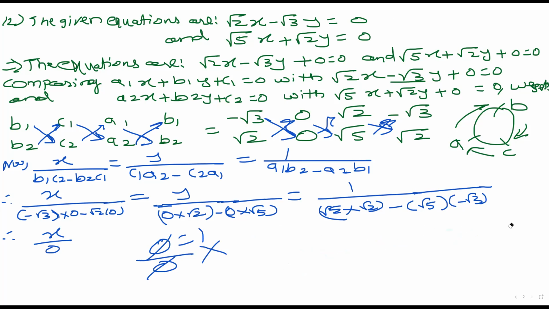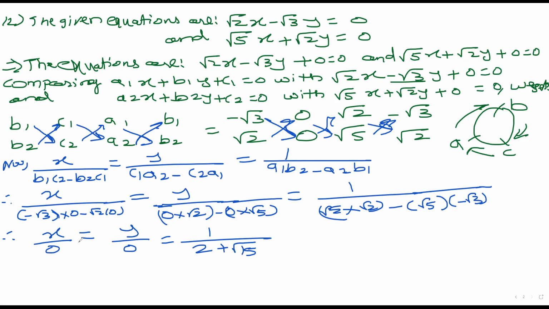So let us solve this further. Basically you get x upon 0 is equal to y upon 0 is equal to 1 upon 2 plus root 15, since root 2 into root 2 is 2 and this will be plus root 15. If x upon 0 is 1 upon 2 plus root 15, you get x is equal to 0 upon 2 plus root 15, which means x is equal to 0.